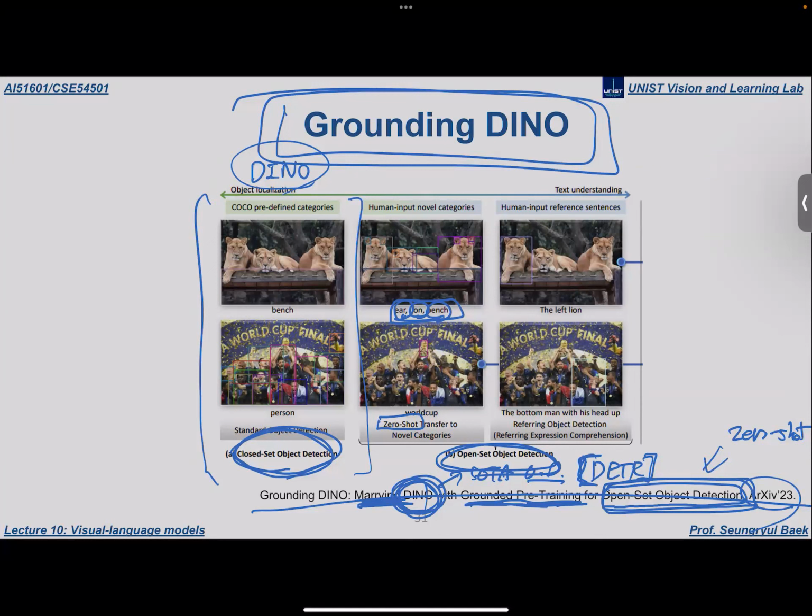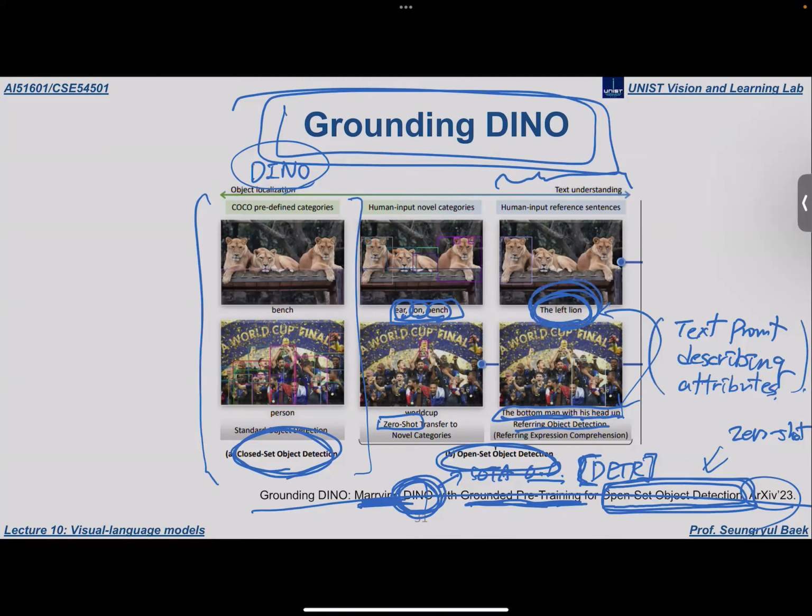And also what they are aiming to do is this. For example, the left lion, or the bottom man with his head, as a referring object. For some text prompt describing an attribute of an object, they can reflect that attribute as well when performing the object detection.